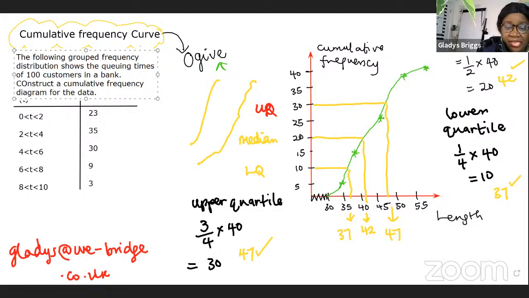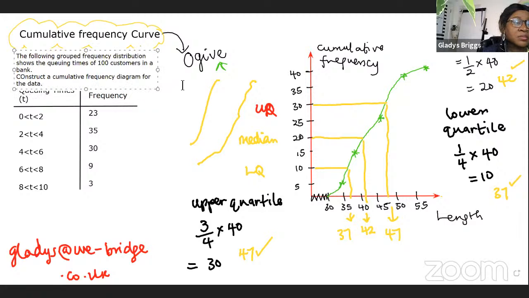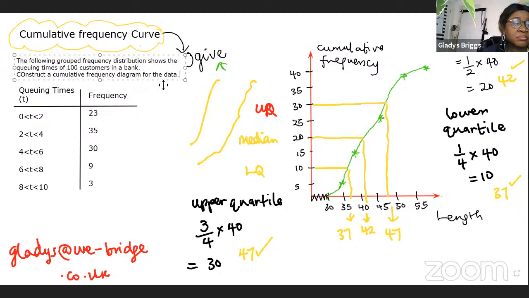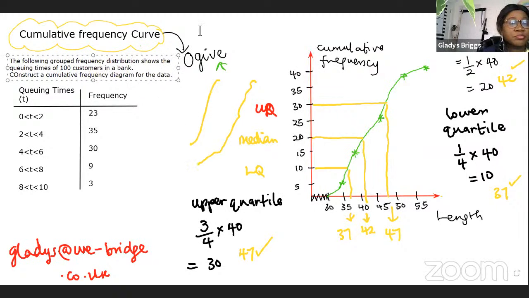Let me make this 14. So tiny. Can you guys see it? You should.